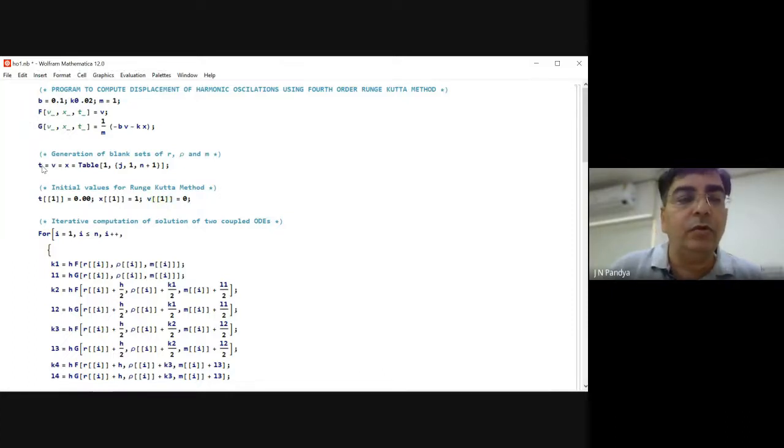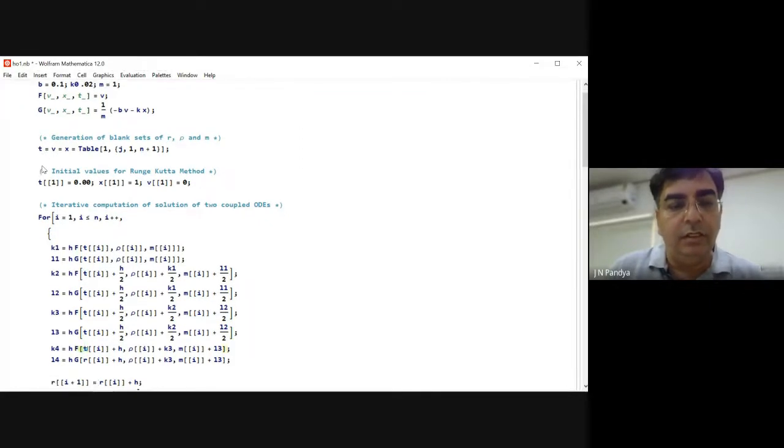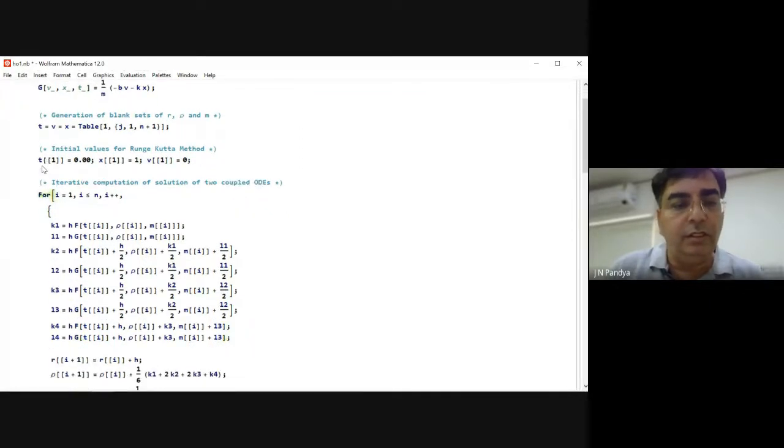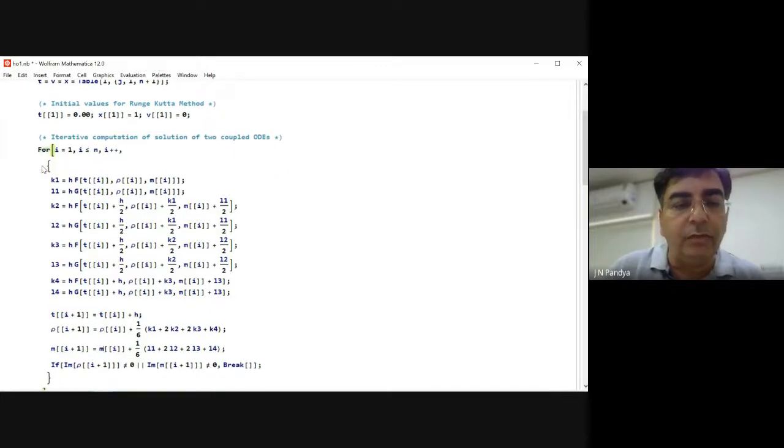Let it be so, no problem. Then everywhere R I have to replace by T. There is one shortcut also for this, but I don't recall right now. You can replace all of them together, but right now it will be better to directly change them straight away.